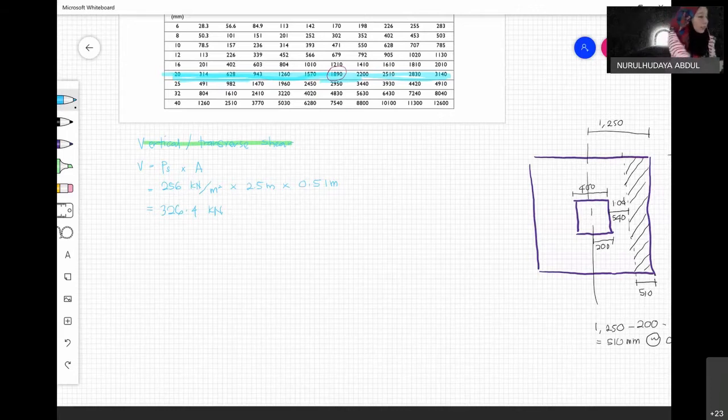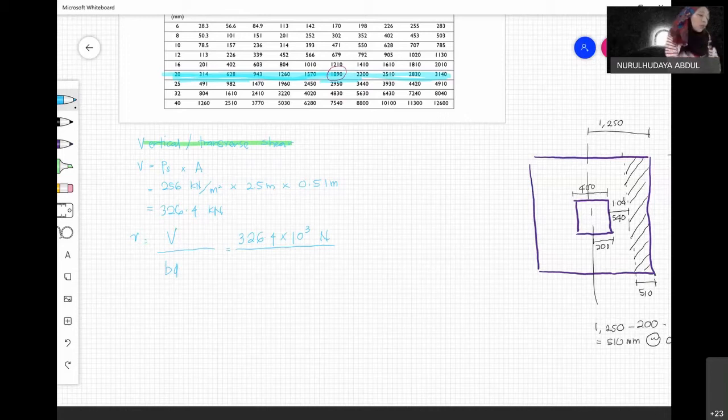After that we can calculate the shear stress, which is the shear force divided by BD. So shear force is 326.4 times 10 power of 3, we convert it to Newton. Because when we hear stress, normally the unit must be Newton over mm square.